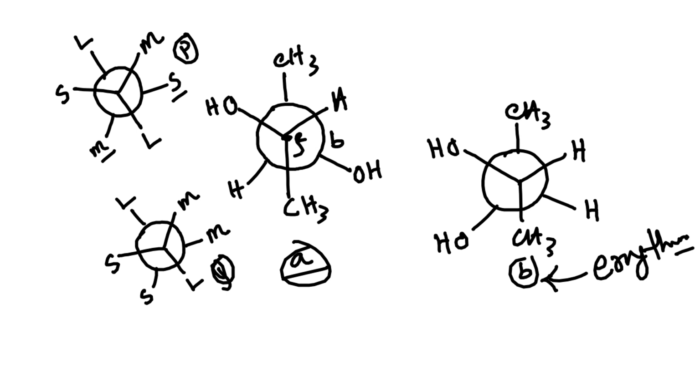For threo, a molecule we call threo when all the similar groups are having similar relationship or same relationship. Okay, in the Newman projection formula, if all the similar groups have same relationship, then it is called erythro.